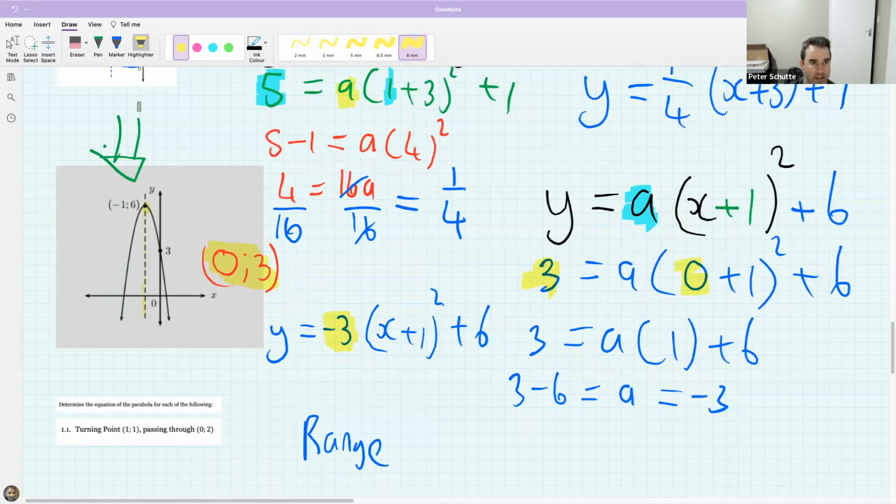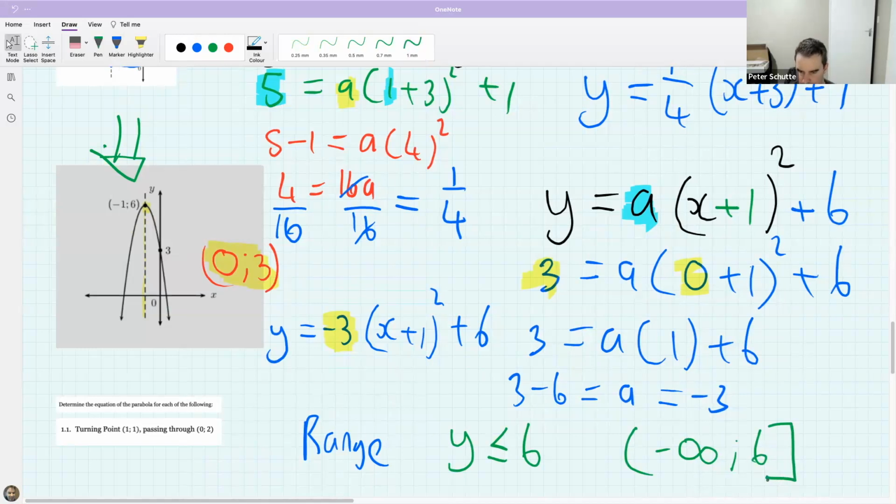They never get above that. And so we can say it's always less than the highest point. So y should be less than or equal to 6. Or if you use interval notation, it should be like that.